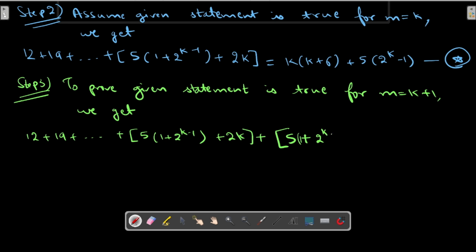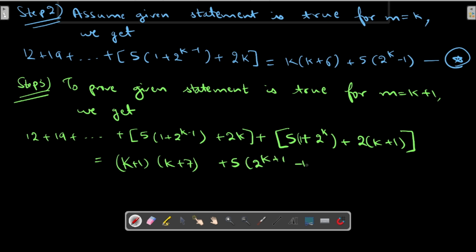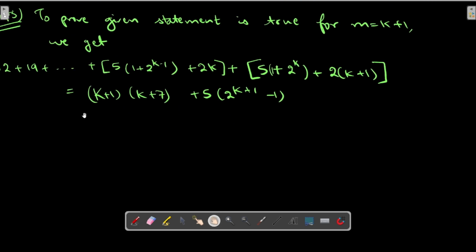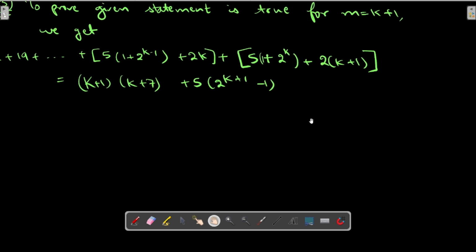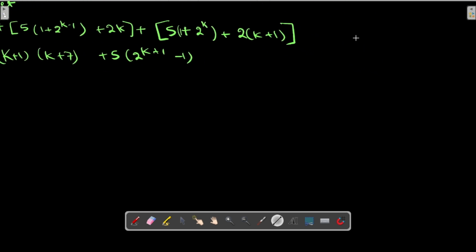This will be 2 to the power of k plus 1, and that is equal to (k plus 1)(k plus 7) plus 5 times (2 to the power of k plus 1 minus 1). So we are required to prove this. Before we begin the proof, let's look at the RHS, because this question has a lot of terms to be rearranged.